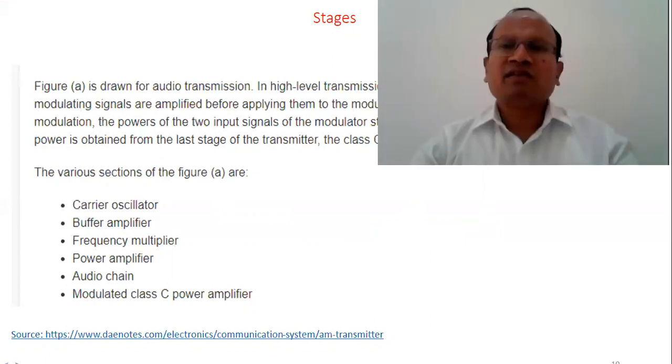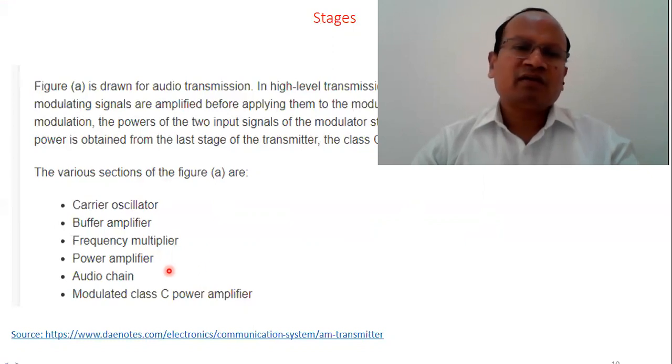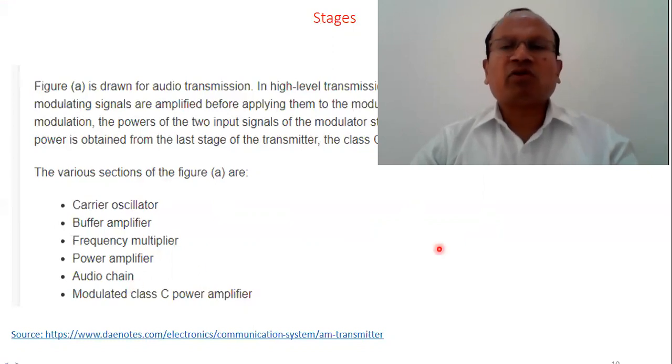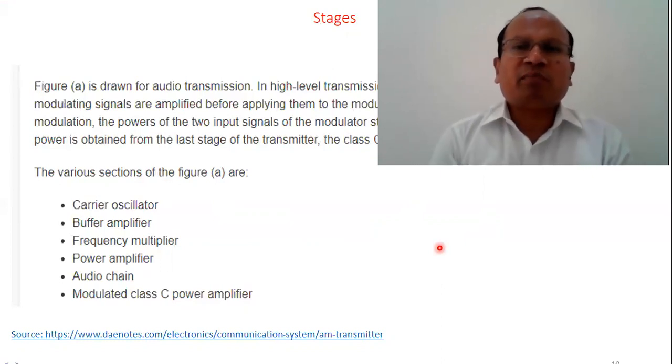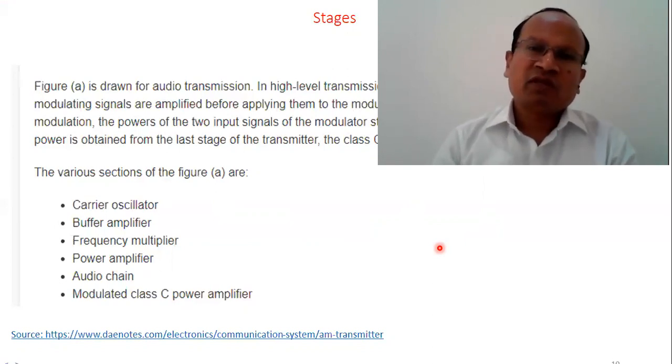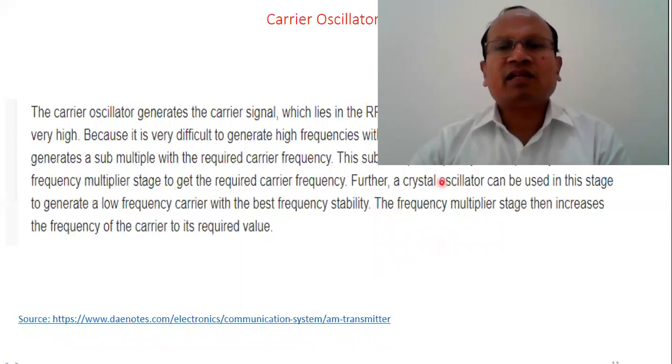Ultimately, the modulated class C power amplifier generates a large amount of power of the modulated signal, which is fed to the antenna and transmitted. So let us discuss them one by one briefly.